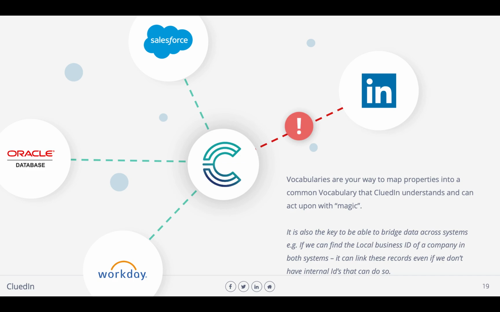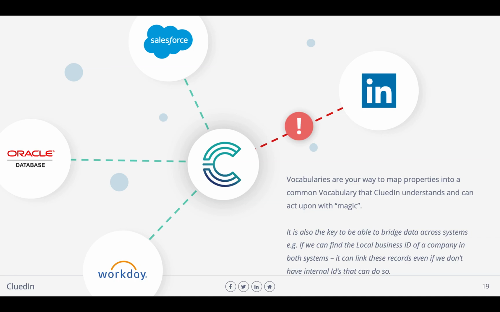I'll give an example. If we find that we have an identifier in Salesforce for a company, which is the Salesforce ID, it's probably very rare that you'll see that ID in any other system besides Salesforce.